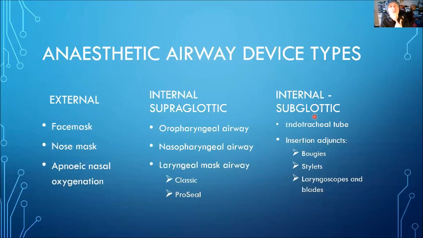Or we could also have tracheal tubes. They are more ICU used, the ones that go directly through our neck into our trachea without going through the vocal cords. But we won't focus on this in this lecture.